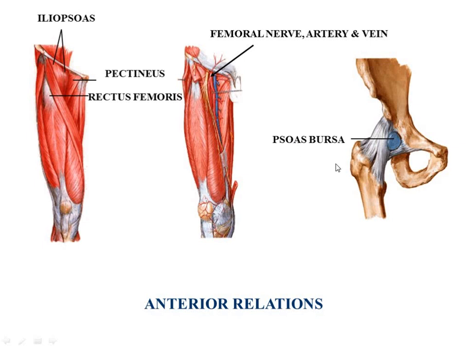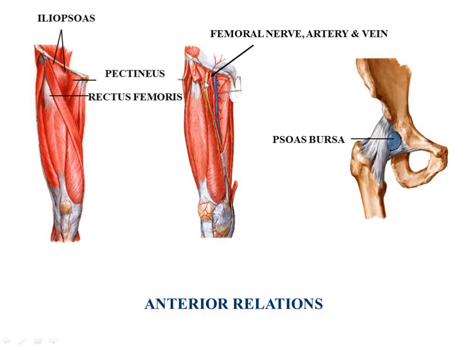This is the anterior view of the front of the thigh, and this is the hip joint. So anterior relations include the muscles forming the floor, that is iliacus, psoas major, and pectineus. Adductor longus comes further medially, so it's not coming directly in relation to the anterior surface of the hip joint. Along with that, the structures lying over here, that is the femoral vessels and nerve, femoral nerve, artery, and vein, are present as contents in this region of the femoral triangle.